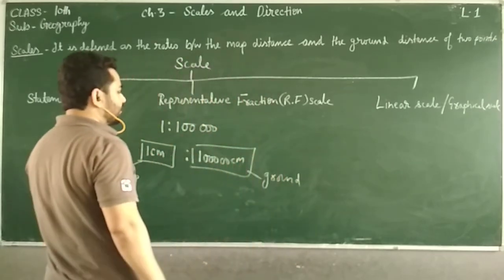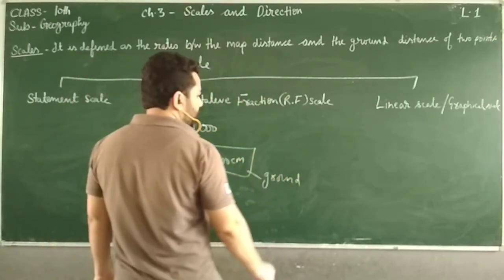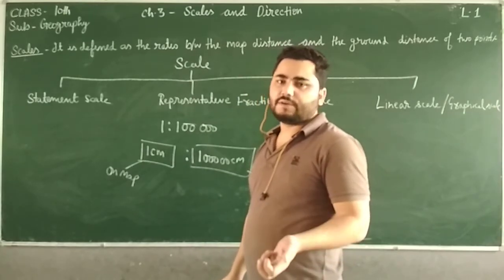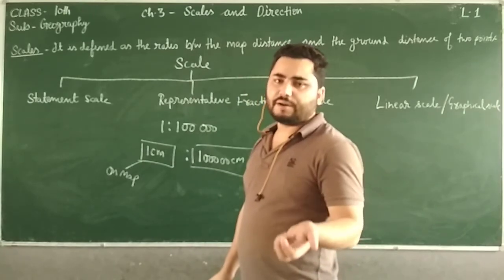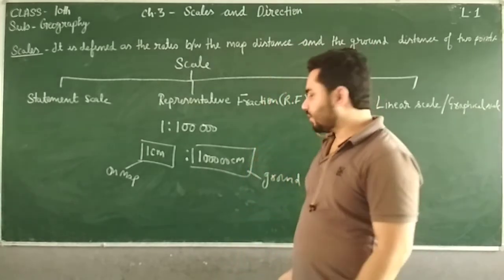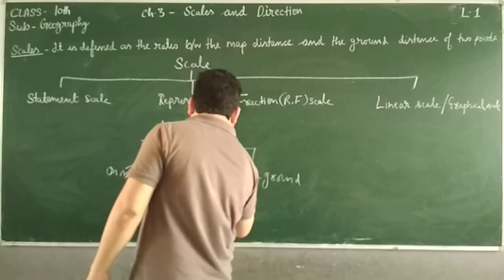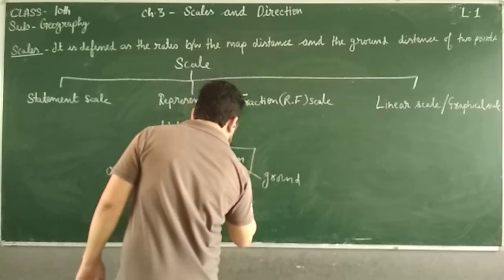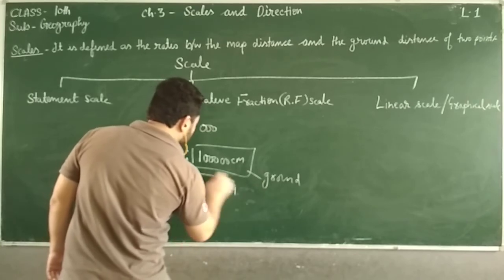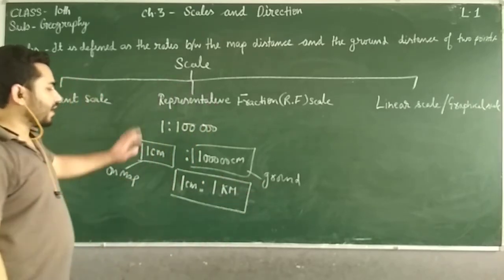Clear? 1 lakh centimeter means, since 1000 meters are there in 1 kilometer and in 1 meter 100 centimeters are there, in 1 kilometer 1 lakh centimeters are there. So it is 1 kilometer. Or you can also write like this: 1 centimeter equals 1 kilometer. This will be the final thing which you will derive from here.